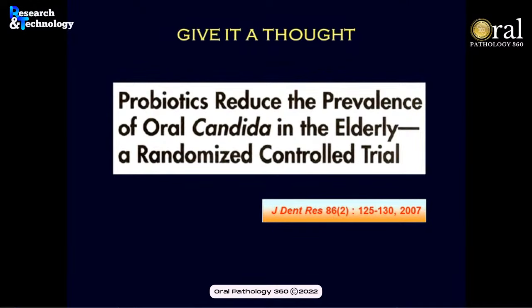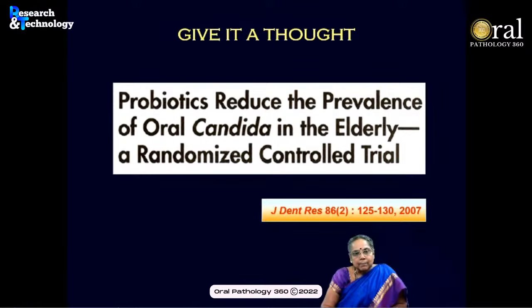Now, please remember the title of this article, Probiotics Reduce the Prevalence of Oral Candida in the Elderly Patients, a Randomized Control Trial. So this study got published in Journal of Dental Research, which is a very prestigious journal, very carefully executed. And then with this specific title, I can explain so many things and the concepts from this article itself.